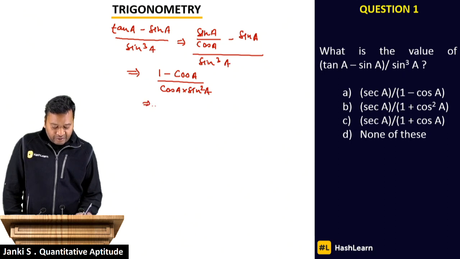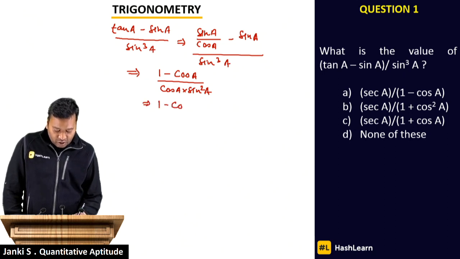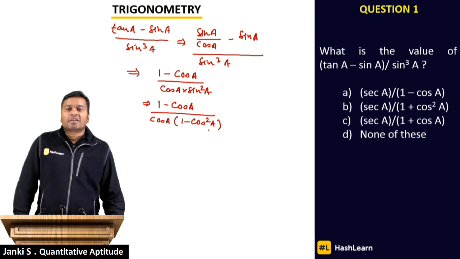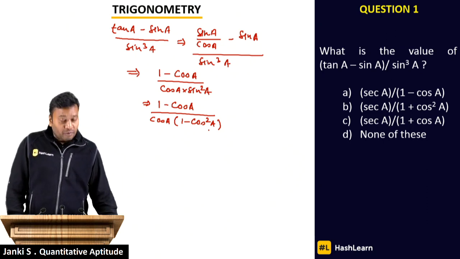So I'll further write the value as 1 minus cos A divided by cos A into 1 minus cos square A, where 1 minus cos square A is nothing but A square minus B square format, right?